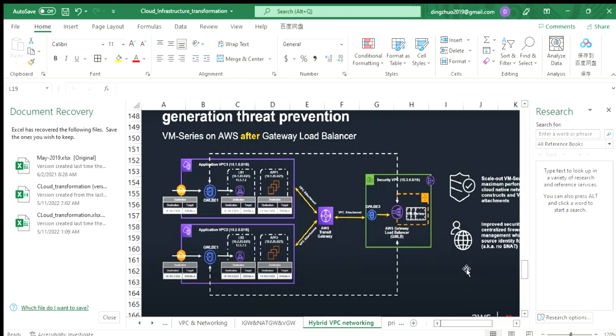So when the traffic comes in, it looks at a routing table, and the routing table is going to forward to the gateway load balancer endpoint. The endpoint is going to forward the traffic to the gateway load balancers in the security VPC. The security VPC does the full inspection and returns traffic back to the endpoint.